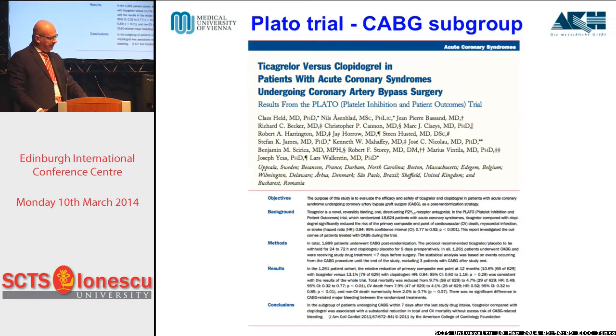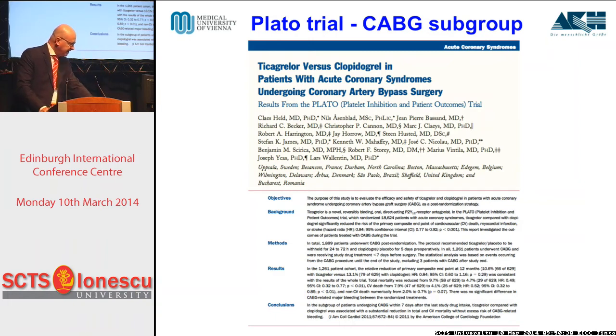And there is a further improvement possible for bypass surgery that should be taken into consideration, especially in patients with acute coronary syndrome. This is, once again, a subgroup analysis, and I have shown you that this could only be a hypothesis-generating trial.